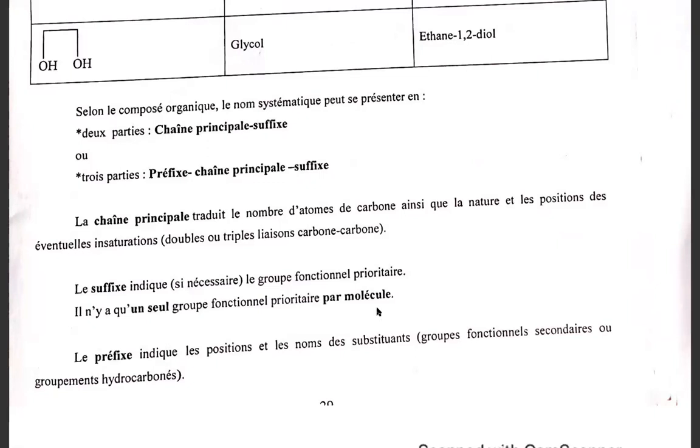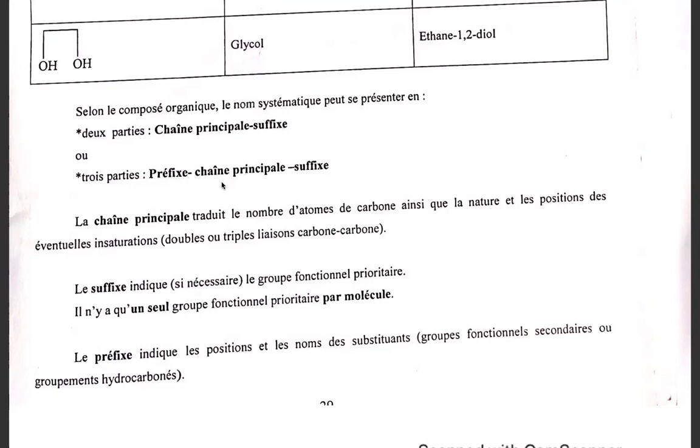So the example that we have here is what we are going to be doing at all times. So given, for example, a carbon chain, that carbon chain has got, say, 3 carbon atoms.